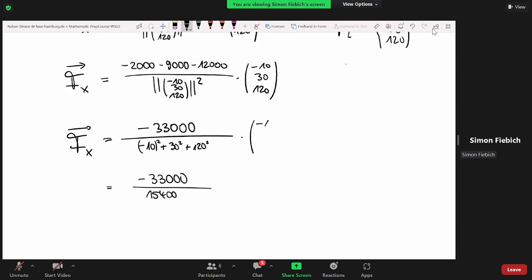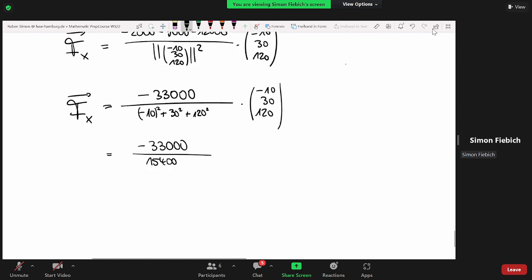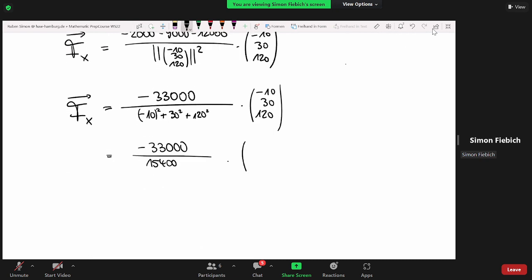Now we have to calculate the fraction. Can you do this for me as well? So negative 33,000 divided by 15,400. What is that factor?